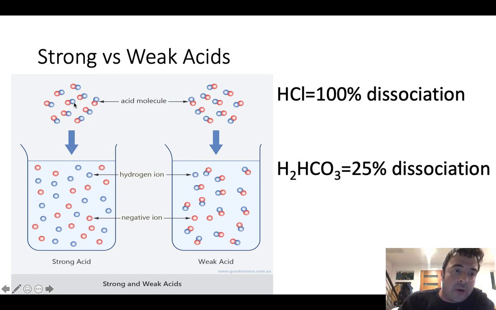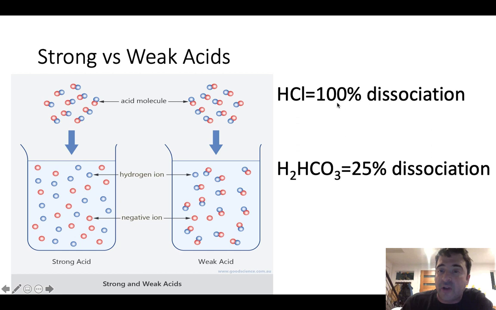When you throw an acid into a solution and all of the hydrogen ions that are available dissociate, meaning you split to form positive and negative, and 100% of those molecules split, we say that that particular acid has a 100% dissociation. Strong acids are acids in which each individual molecule, that hydrogen ion, will pop off and enter into solution. That's what's called a strong acid.